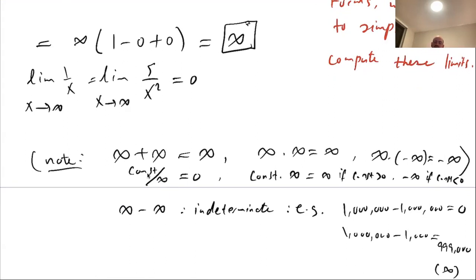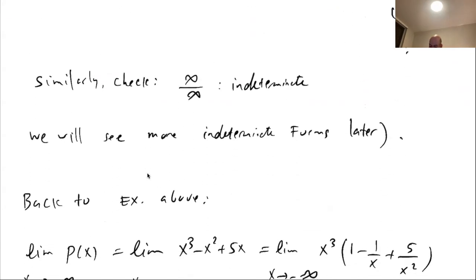Constant over infinity, like for example 5 over 10,000 or 5 over 1 million, is a very small number for sure, right? So constant over infinity is 0. Constant over minus infinity similarly is 0. Constant times infinity, like 5 times infinity, is infinity, like 5 times a very large number is a very large number. Minus 5 times infinity is minus infinity, because minus 5 times a very large number is still very large, but with a negative sign.